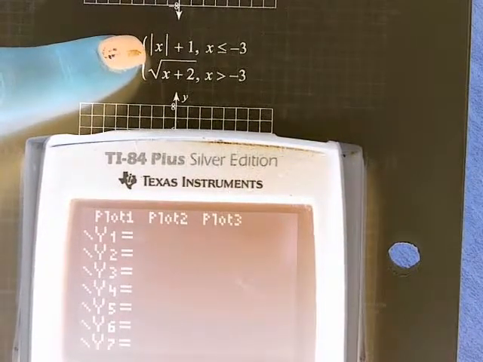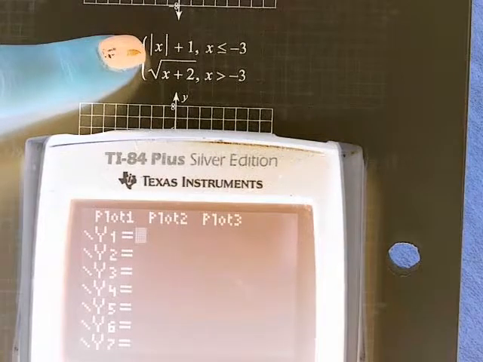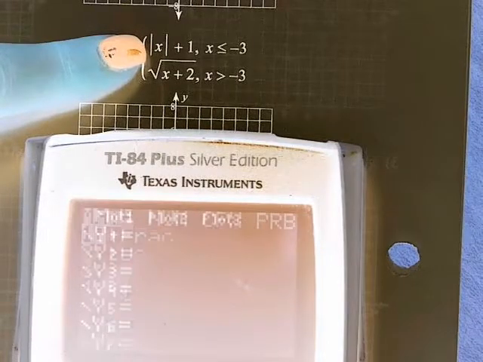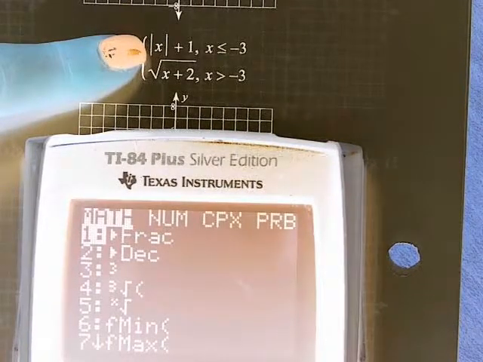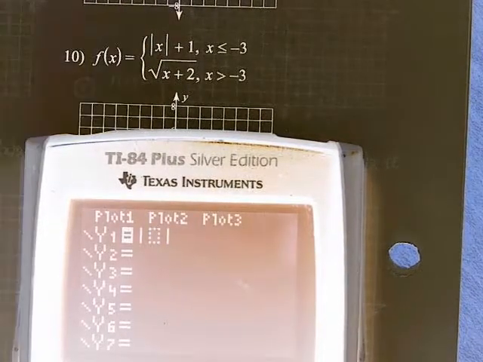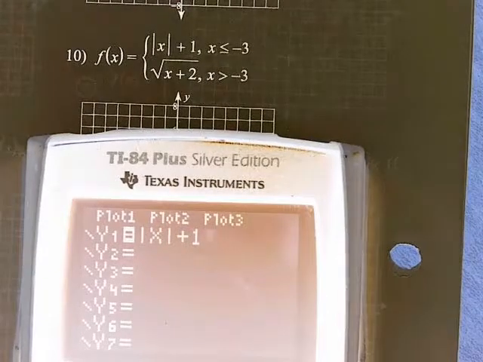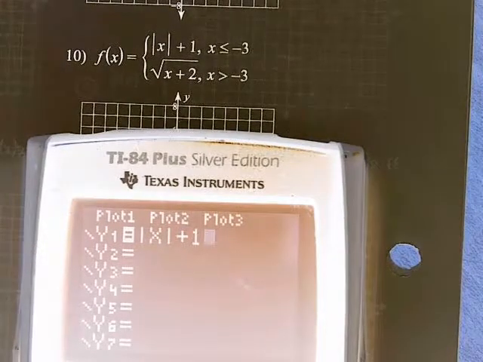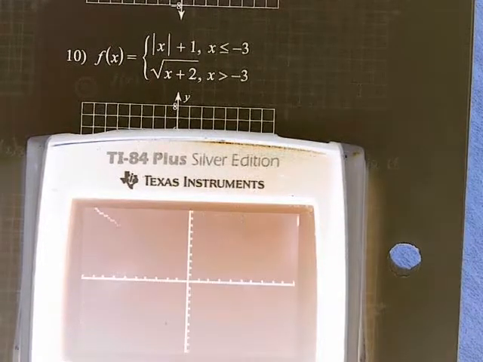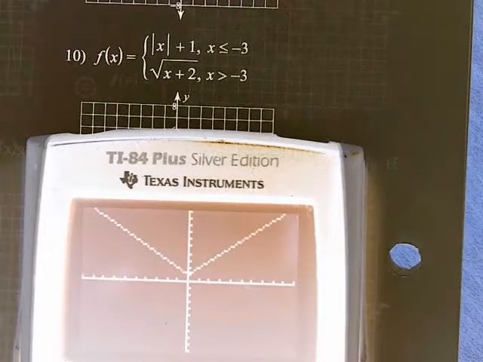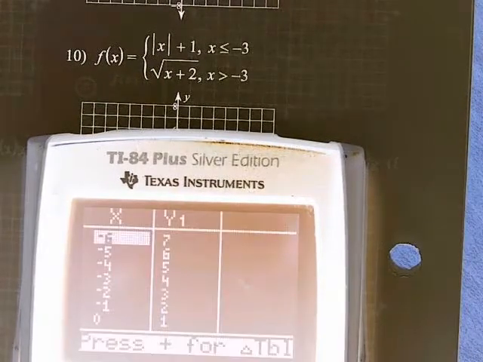Do you guys remember how to type in absolute value of x? We had the math button, and then go over to number. That's the first one. All right, so I'm going to graph that, and then I'm going to do a second graph so I can look at my table.